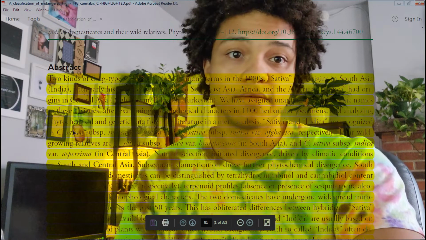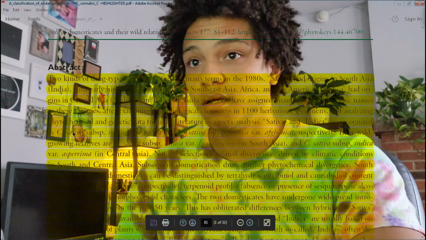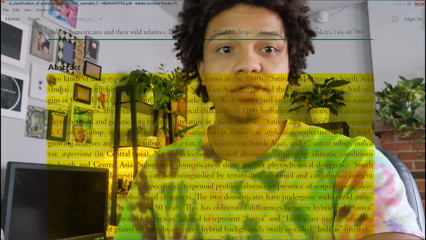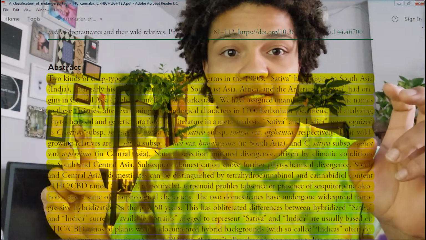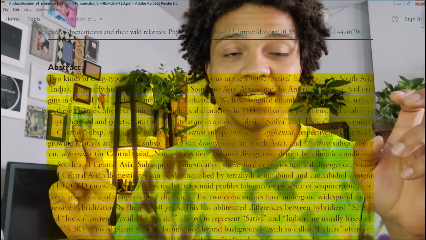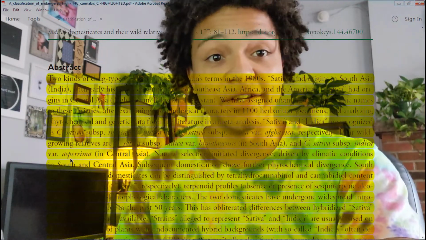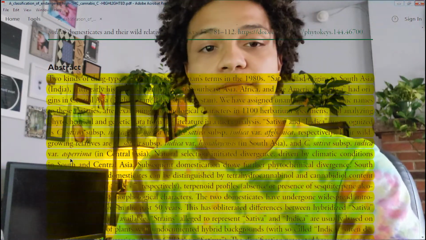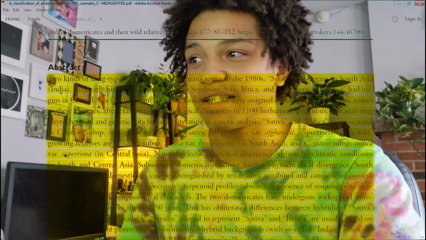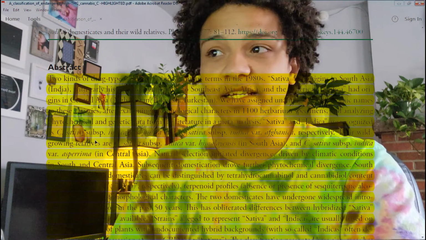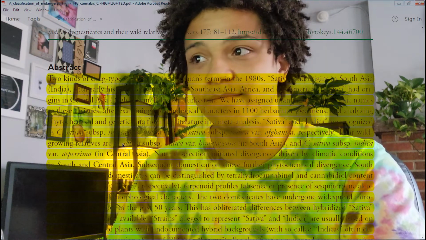So, to understand what they're trying to classify, the layman's terms for cannabis, sativa and indica: your sativa, which would be the energizing strain, would be classified as Cannabis sativa subspecies indica variation indica.